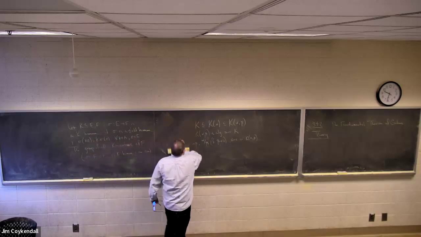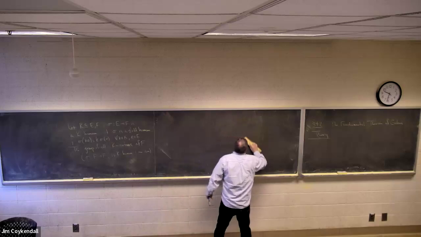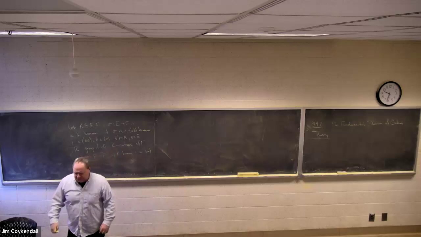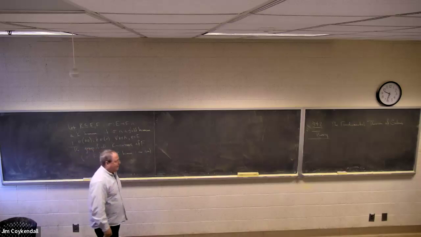So you can factor K's out of the homomorphism, and it's also an isomorphism from F to itself.